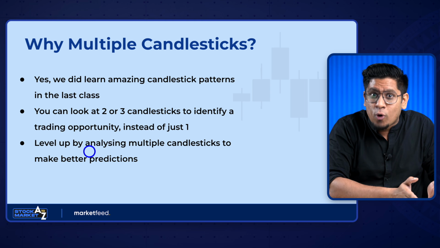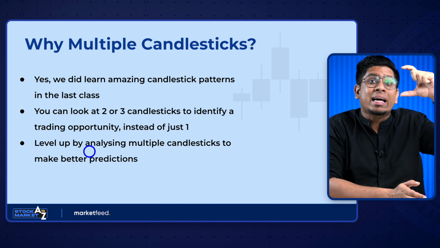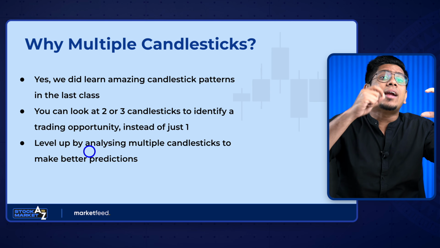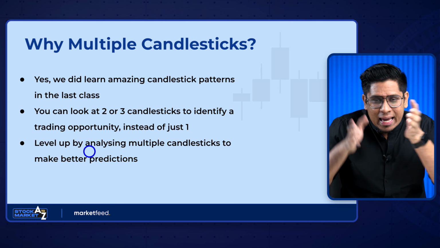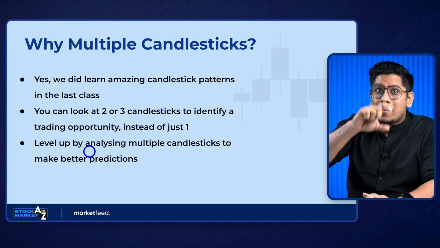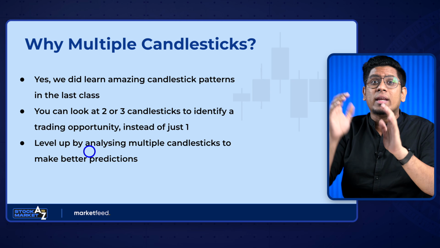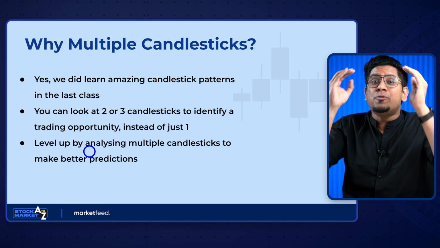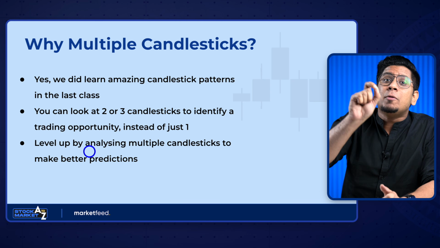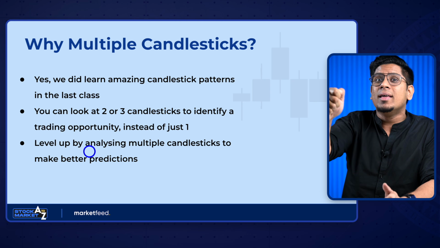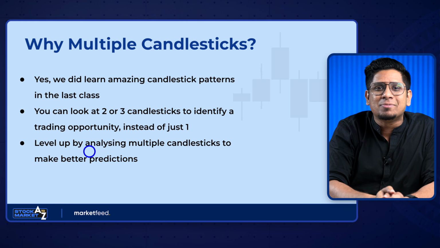In the last video, we learned how to look at a single candlestick and then try to predict what can happen in the future. In this video, we are trying to look at multiple candlesticks, maybe 2 or 3 candlesticks coming together, then forming a specific pattern, and that pattern probably telling us, hey, there can be bullishness in the next 10 minutes. Clear?